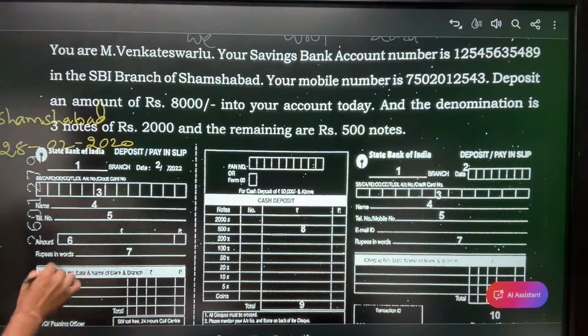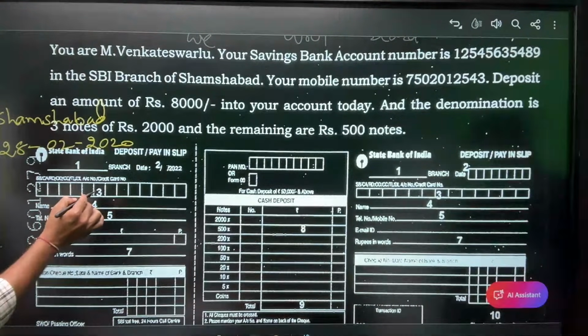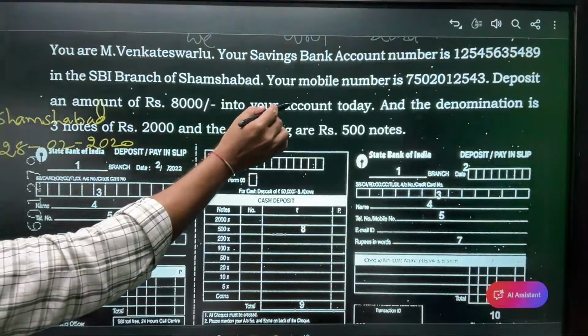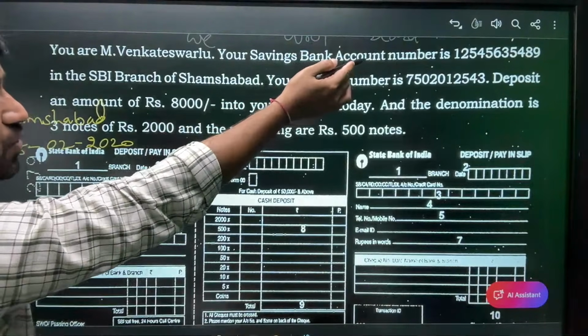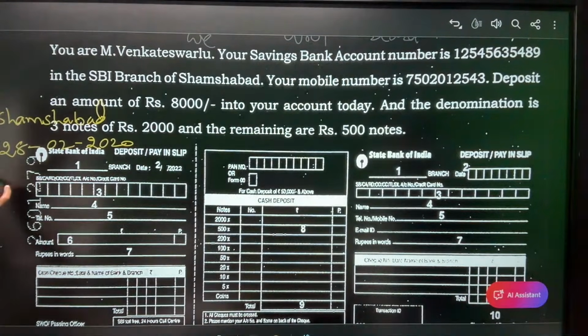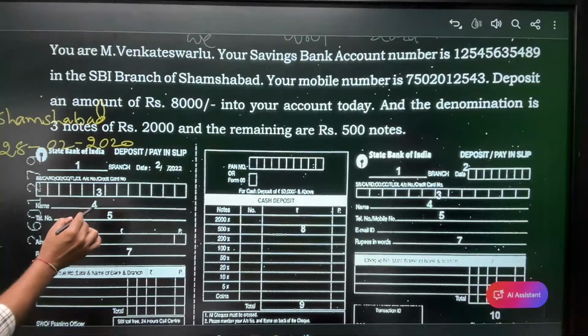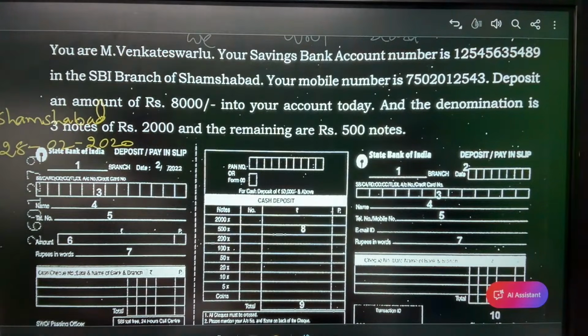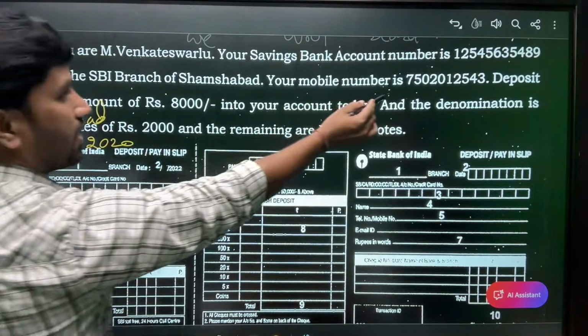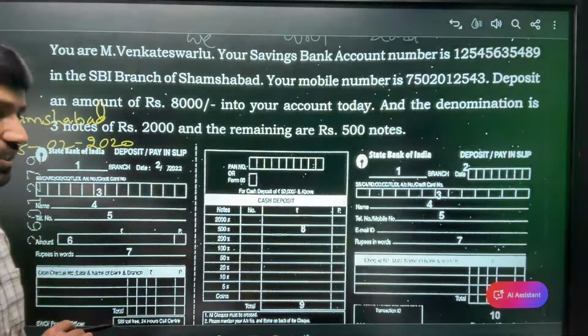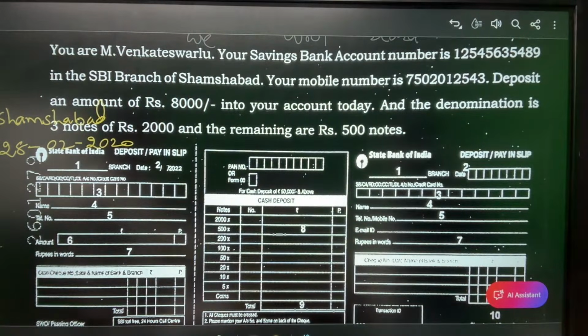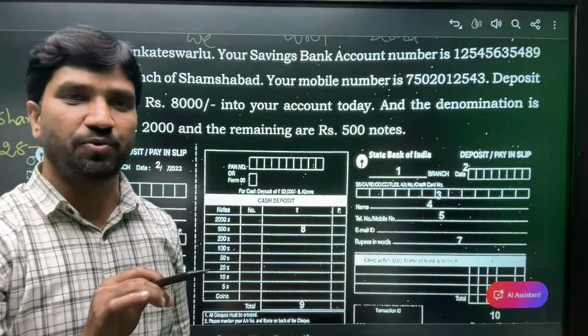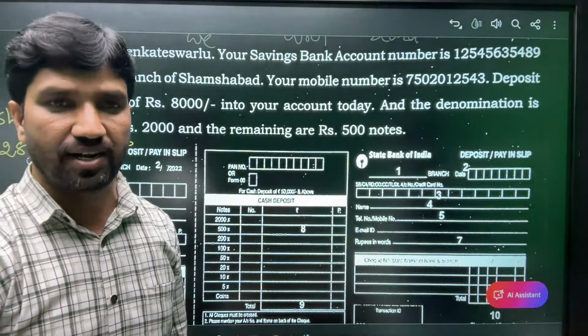Then the third one is the account number, which is also given. Write the account number. The fourth one is the name of the candidate, M Venkateshwarlu. Next, the fifth one is the telephone number, which is also given. Write the telephone number as the fifth answer. Otherwise, if they don't provide the telephone number, you can write any 10-digit number.